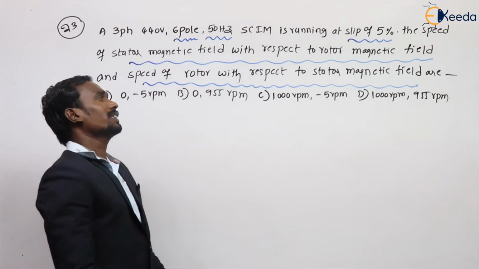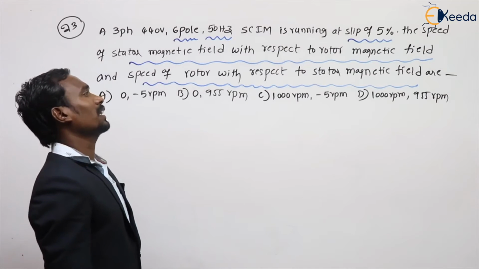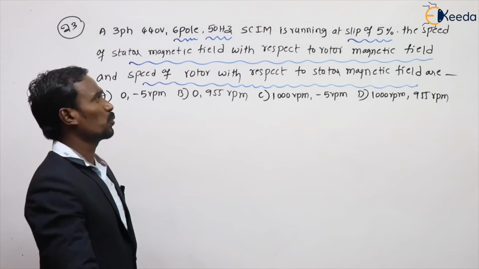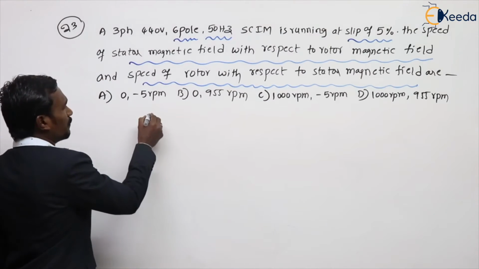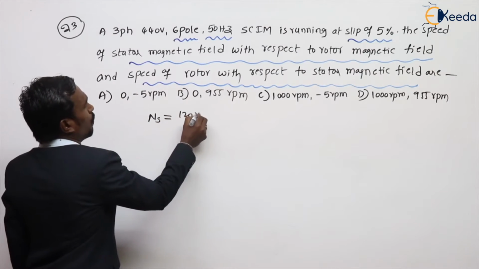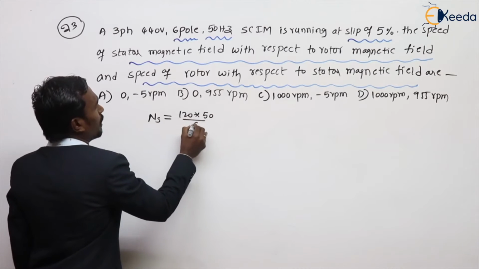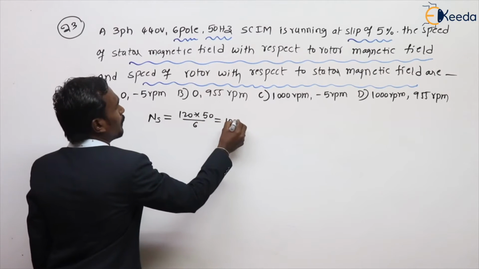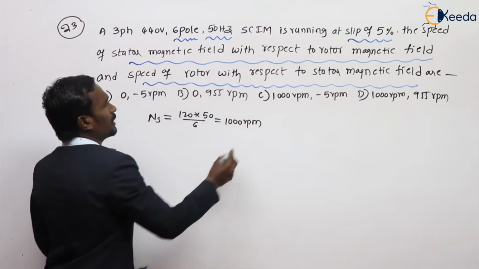They are asking two questions. First of all, find the synchronous speed. Synchronous speed is equal to 120 f by P, that is 1000 RPM. Here synchronous speed is 1000 RPM.